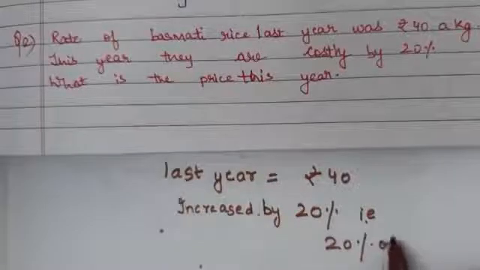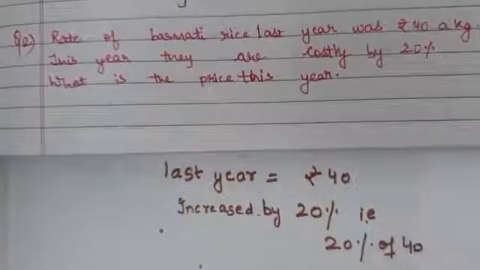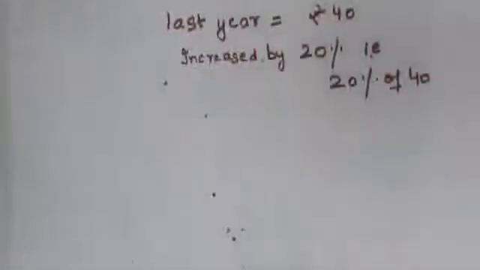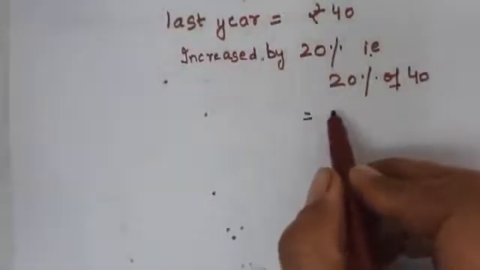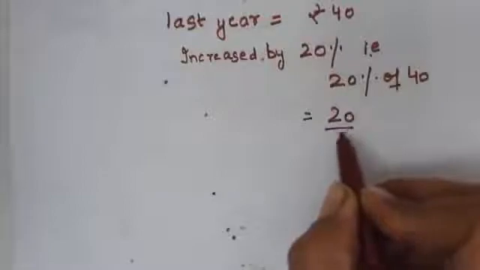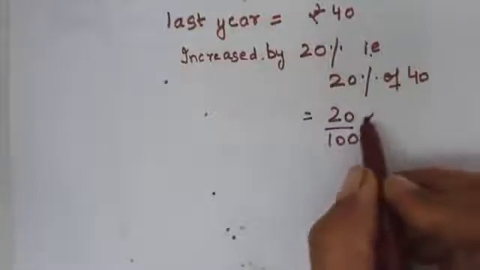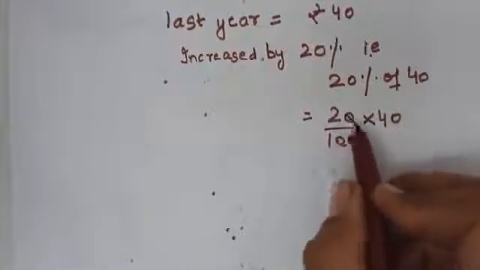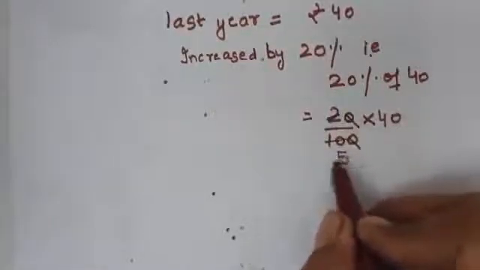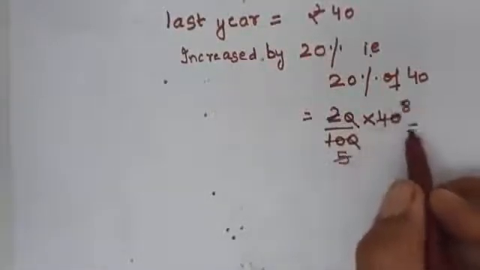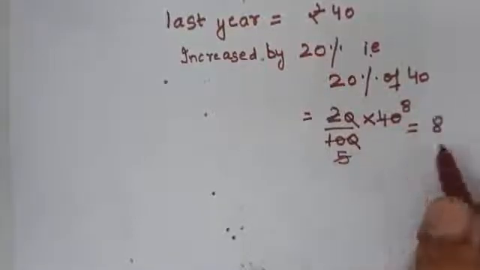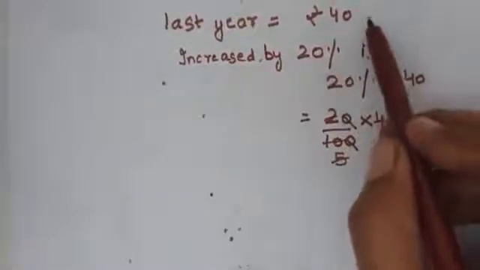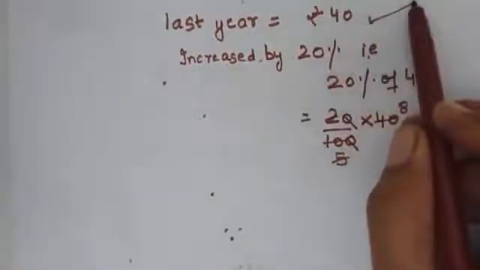That is 20% of 40. Now this will be 20 upon 100 multiplied by 40. After doing cancellation, 5, 8, we get 8. Now last year the price was 40 rupees.